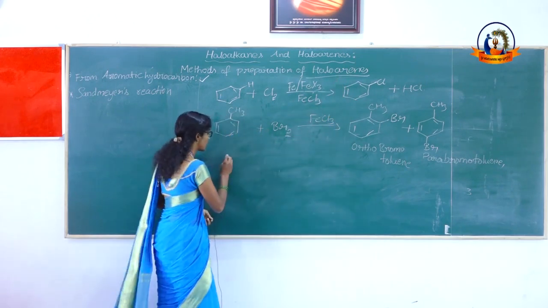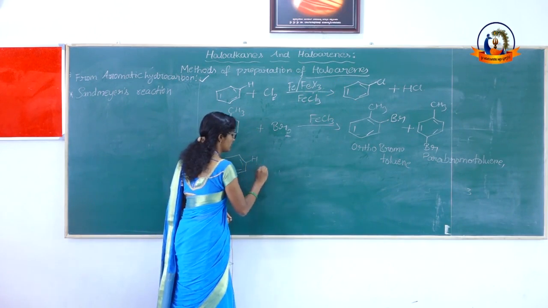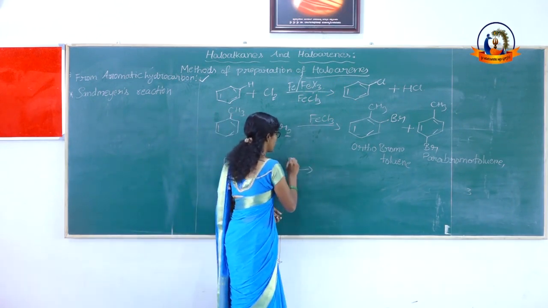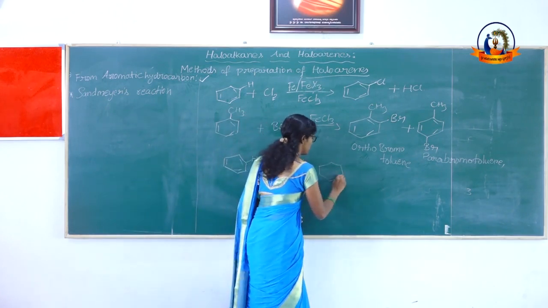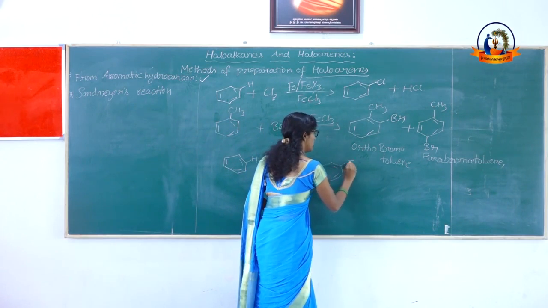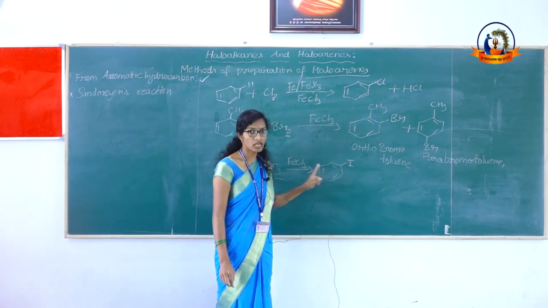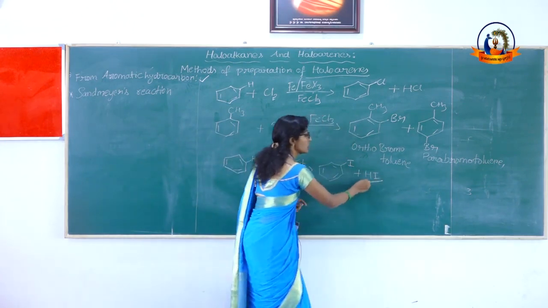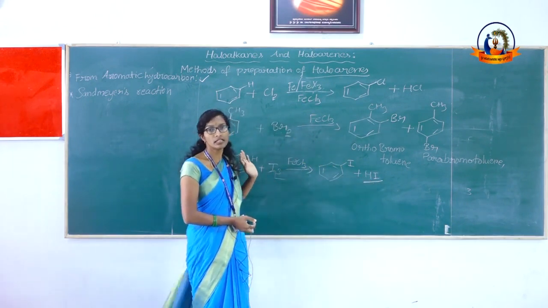In the case of iodine, for example, benzene reacts with iodine in the presence of FeCl3. Here what happened? Iodination takes place. Iodination means iodine attached to the benzene ring by removing HI. This is the reducing agent and this process will be reversible.